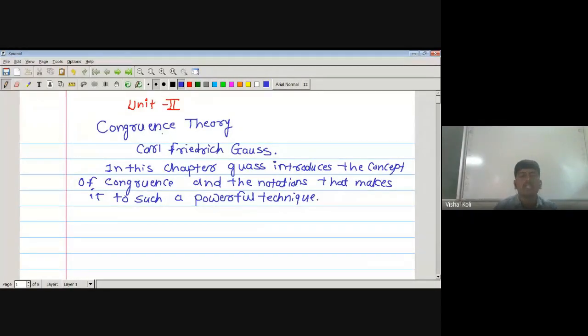Now, what is meant by congruence? If we are given two integers a and b, then when are they said to be congruent, according to Gauss?